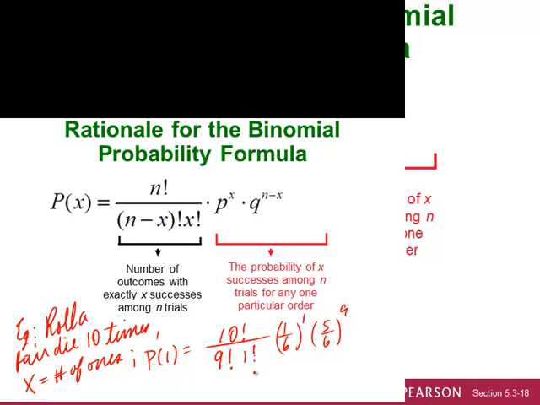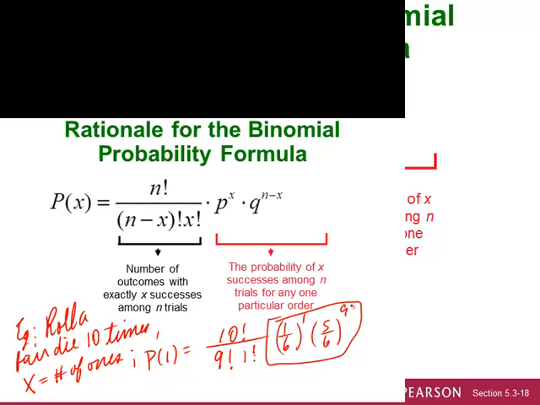Because the probability of having a 1 is 1/6, that could happen anywhere on the first roll, second roll, third roll, fourth roll, or whatever, all the way up to the 10th roll. All the other rolls are non-1s, and their probability is 5/6.